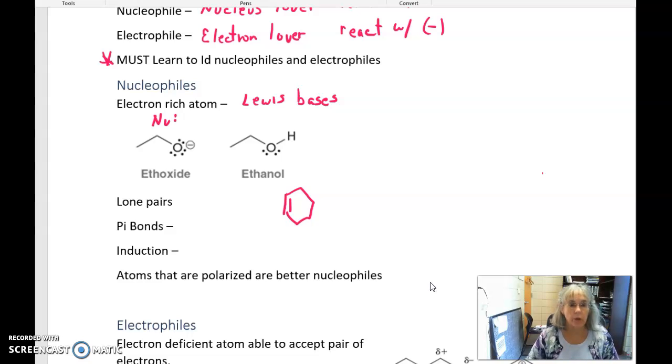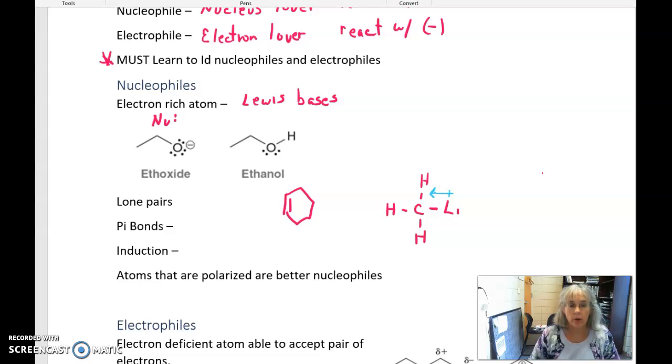You'll also find nucleophiles where we have induction. So this lithium is not very electronegative, and so the dipole here is going to look like this, leaving this carbon more negative. In addition, atoms that are polarized are better nucleophiles.